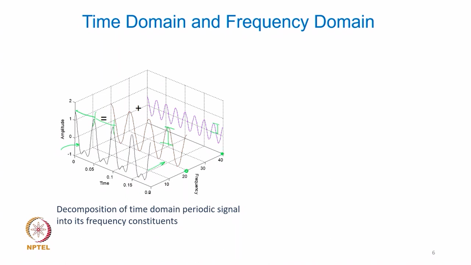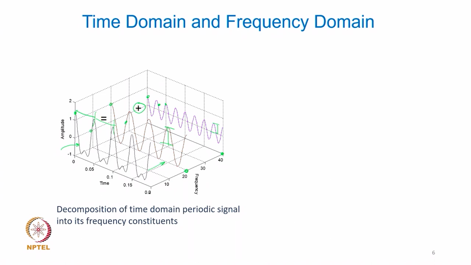If you mix them in time, simply algebraically adding this value and this value at the same time, you get this value. Add this value and this value at the same time, and I should get back this particular value, and so on.